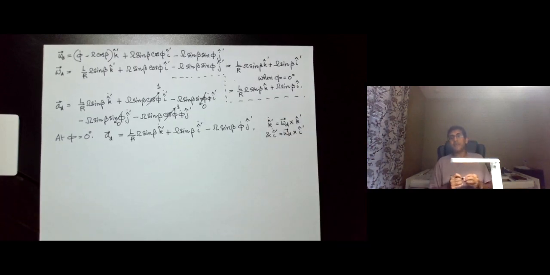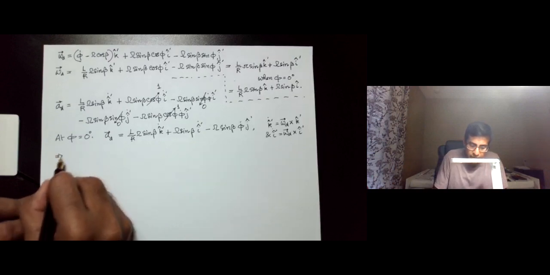Because by definition, when we take the derivative of a unit vector, we need to consider the absolute angular velocity of that unit vector. In this case, the absolute angular velocity of the unit vectors I prime, j prime, k prime is omega d, because our I prime, j prime, k prime are fixed to the disk.